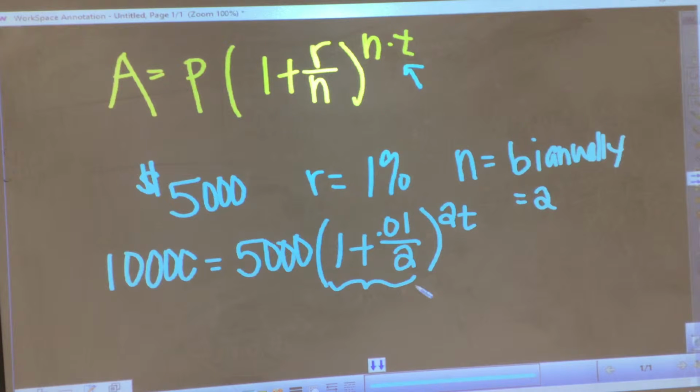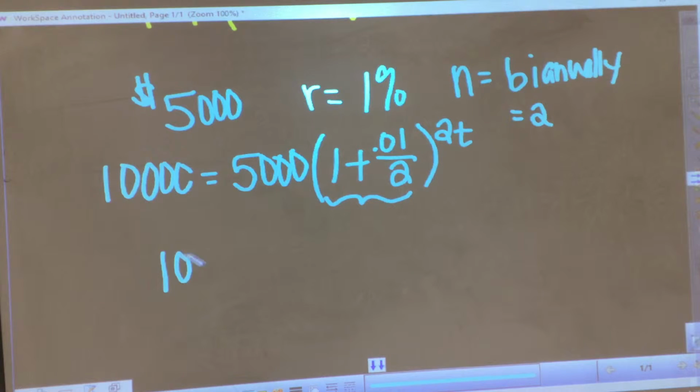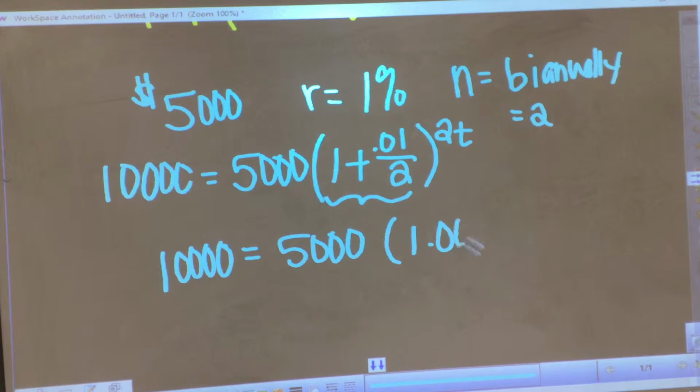So 1 plus 0.01 divided by 2, 1.005. So 10,000 equals 5,000 times 1.005 to the 2t.